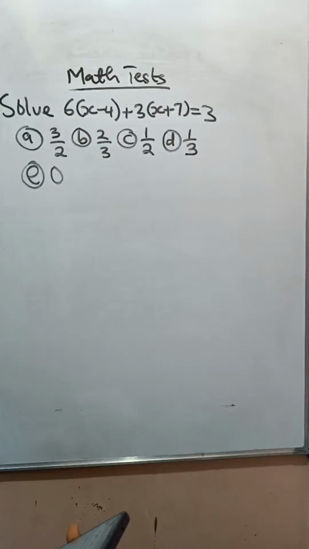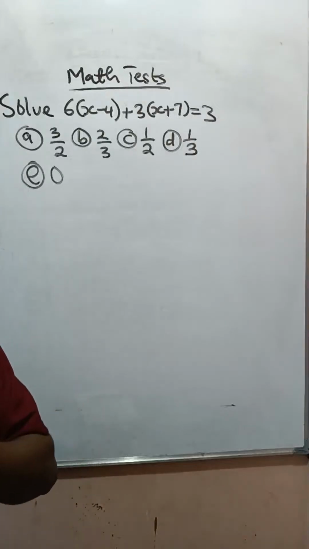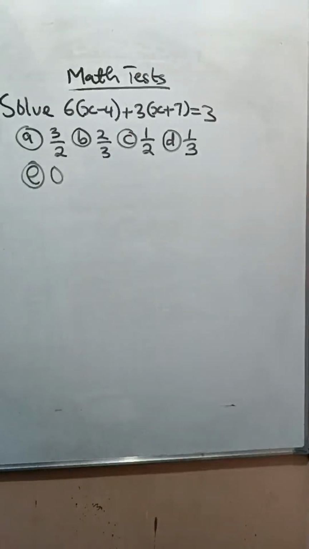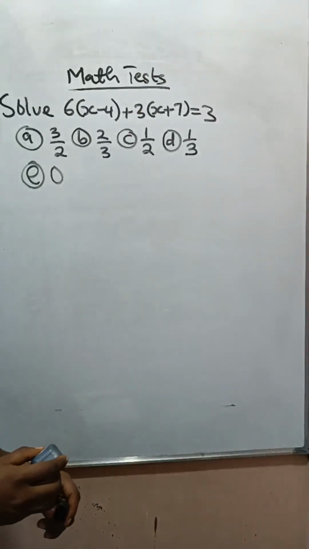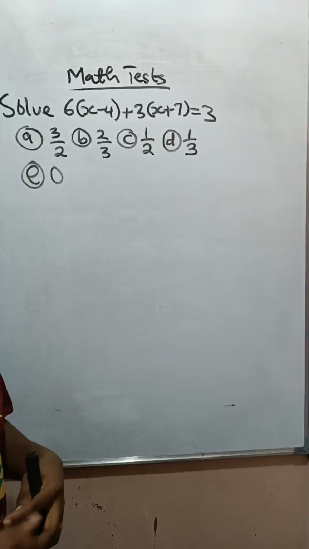Does anyone want to drop answer, or should we just solve it without waiting for anybody? Okay. Now let's solve it together. Johnny says, okay. We are all getting the same thing. Wow.